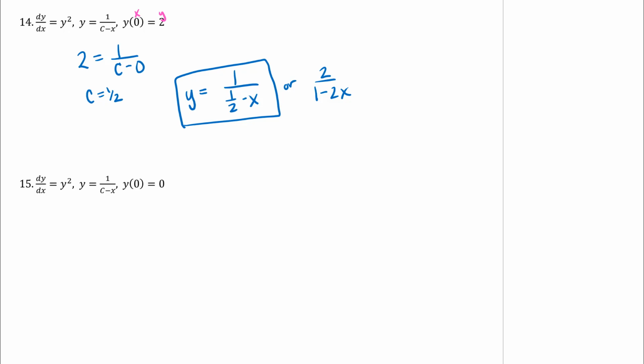And then the other thing that we want to think about here is the interval of existence of this solution. So this solution, unlike the previous one, does have a discontinuity. So this function here is only continuous on the interval -infinity to 1/2 or the interval 1/2 to infinity. So not continuous at x equals 1/2.